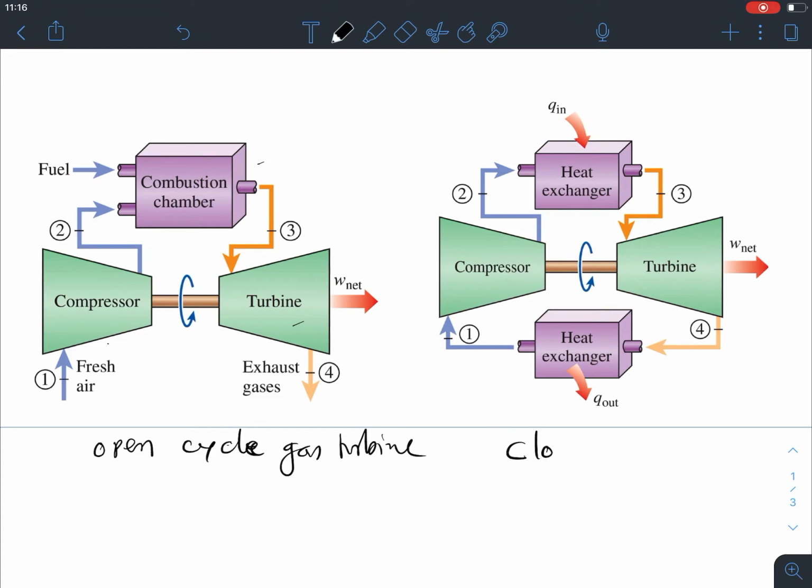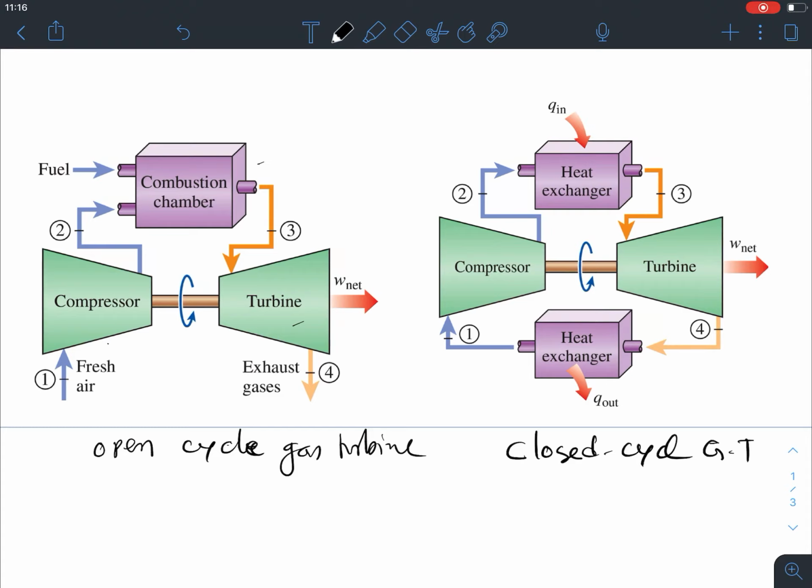However, in the ideal case, instead of keeping it open, if we make it a closed system, a closed cycle gas turbine, then instead of taking in fresh air, we just recirculate the air.